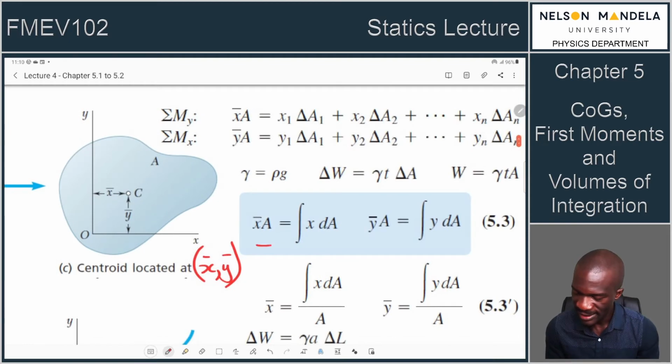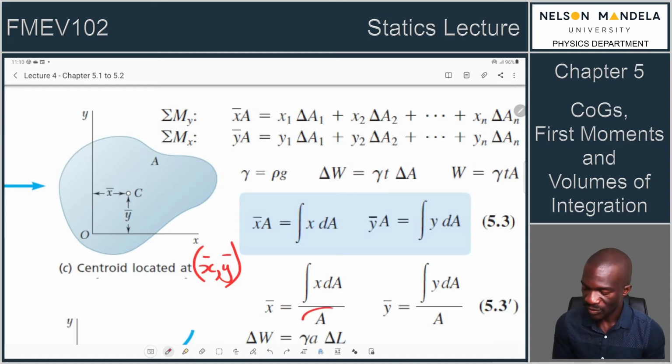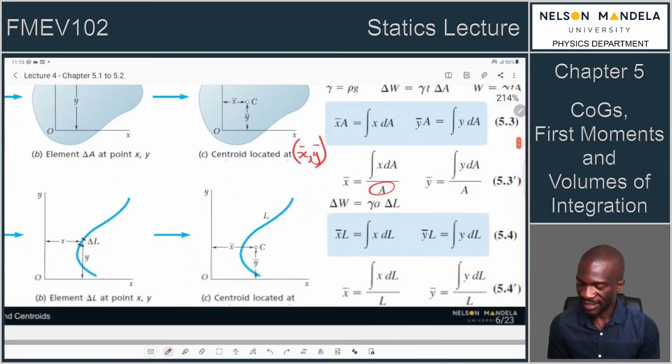So the integral case is where our x bar is given by the integral of x with respect to the area divided by A, and y bar is the integral of y with respect to the area divided by A. That is what generates our equations for the center of gravity.